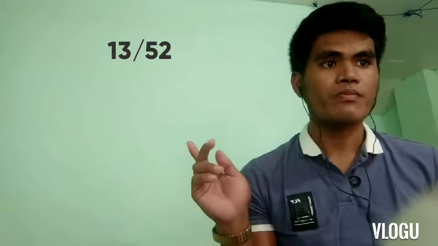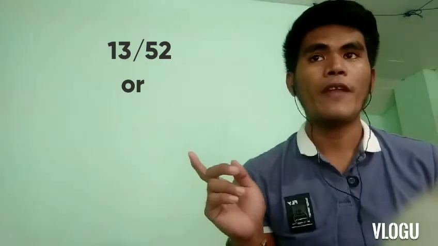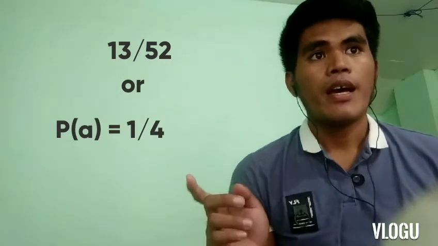To find the probability of drawing a diamond, first, we determine how many diamonds are in the standard deck of cards. So it has 13 diamonds. So we have the probability 13 over 52 or 1/4. The same process for the probability of getting a black card: it has 26 black cards, right?